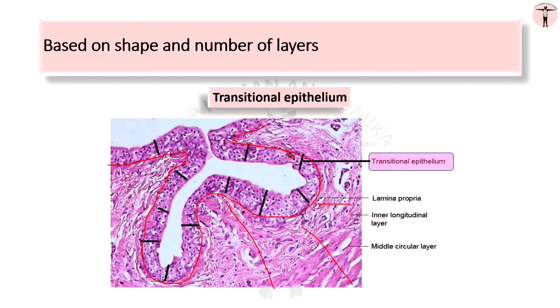And finally, we discussed the third type of classification based on the combination of shape and the number of layers, that is simple squamous, simple cuboidal, simple columnar, then stratified squamous and transitional epithelium. In the next session, I will discuss epithelial junctions.